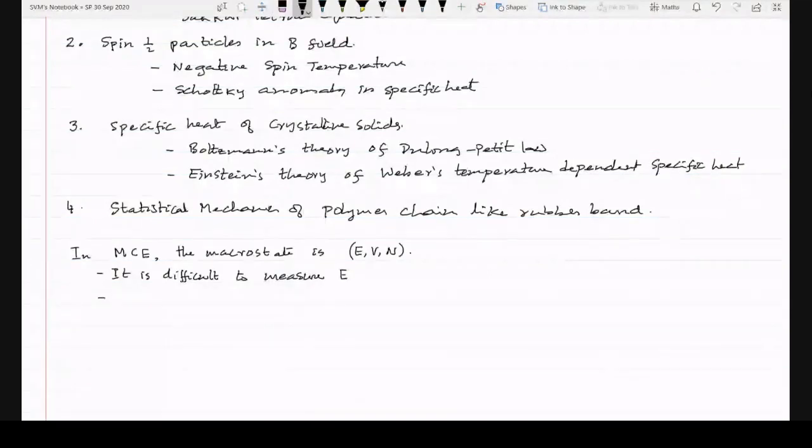Secondly, it is also difficult to keep it fixed.